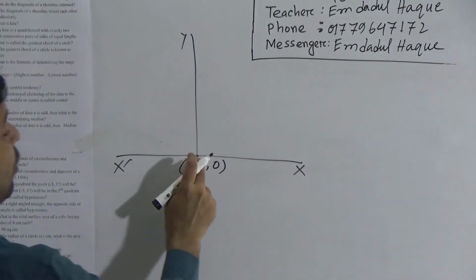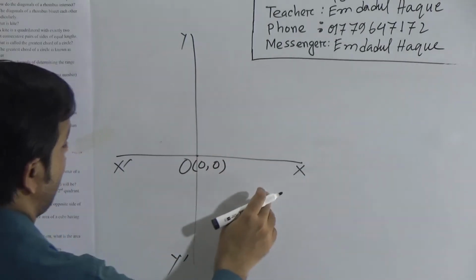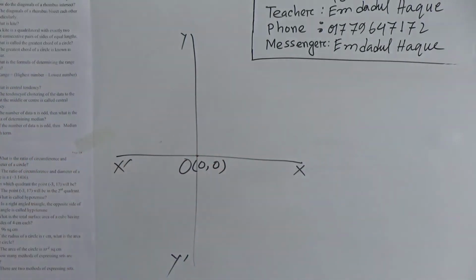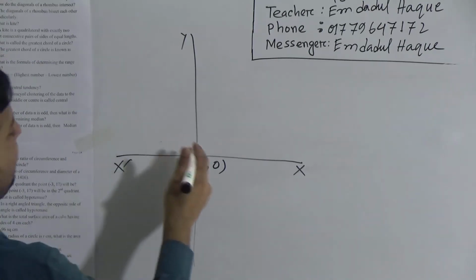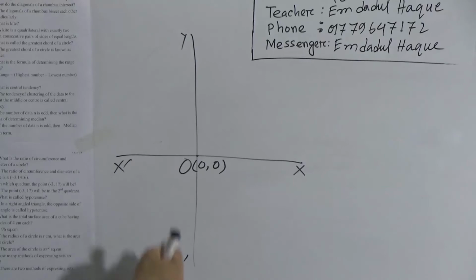So if we move to the right from 0, the value of x will be positive. If we move to the left, the value of x will be negative. If we move above, the value of y will be positive. If we move below, the value of y will be negative.